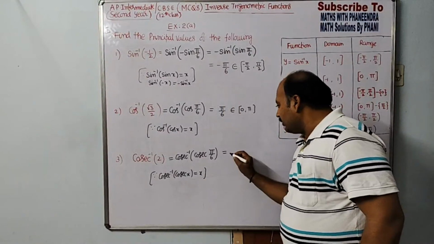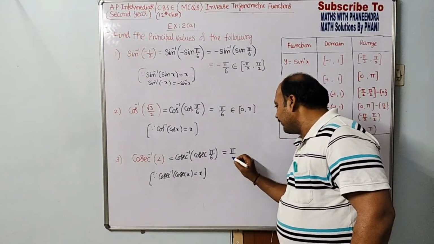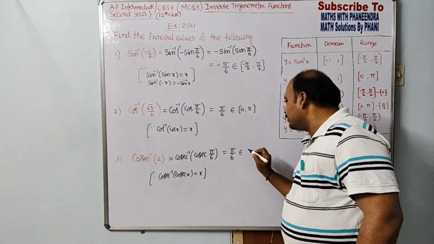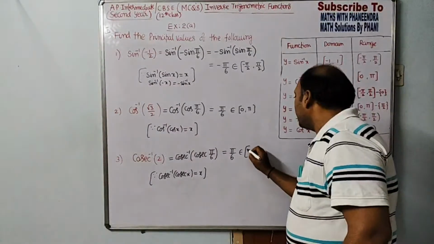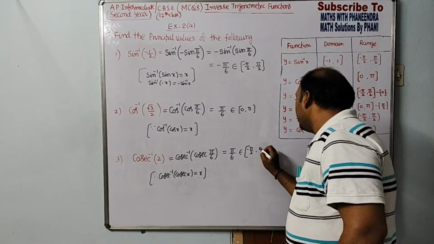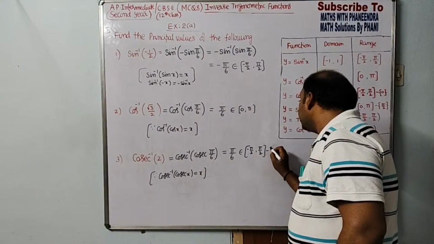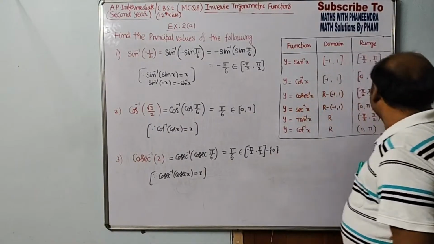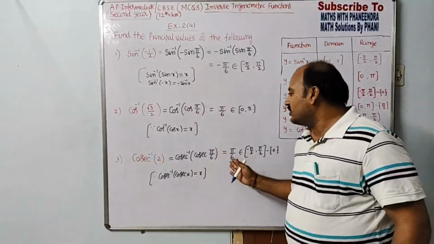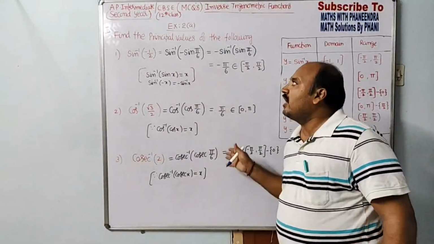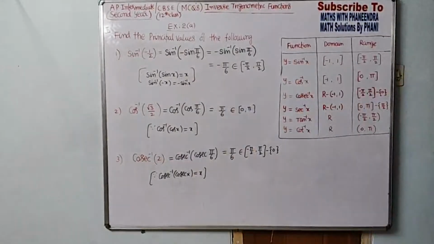So here the x value is pi by 6, which belongs to the range of cosecant inverse. Here, you remember, closed interval minus pi by 2 to pi by 2 other than 0. Okay, dear students, this belongs to this range, so this is the principal value of the given question.